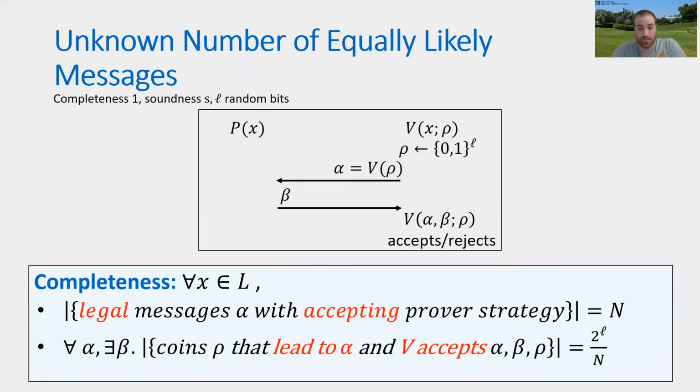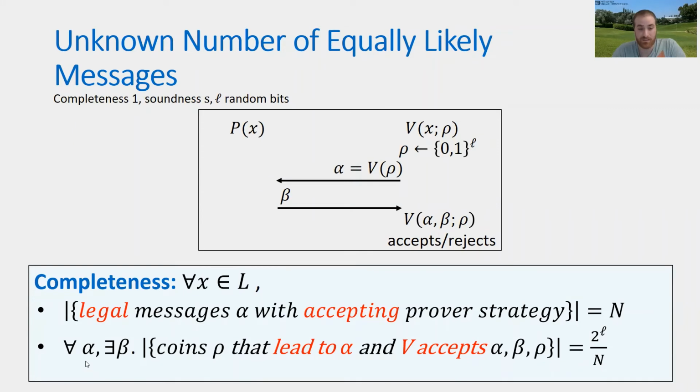Notice that whenever X is in the language, if we look at the number of legal messages, a legal message is a message that has some randomness which explains it, that has accepting prover strategies. An accepting prover strategy is a prover message which causes the verifier to accept. If we denote the number of messages by n, these are actually all of the messages because we assume perfect completeness.